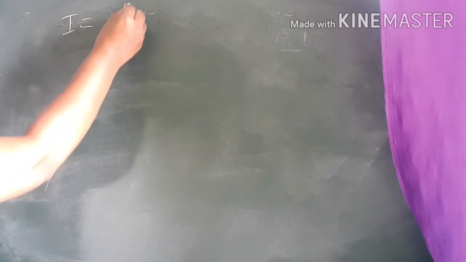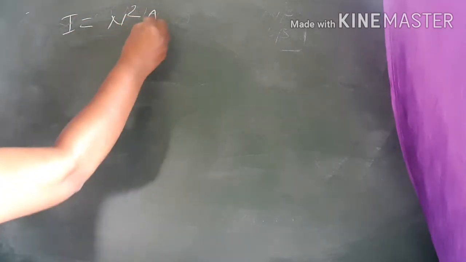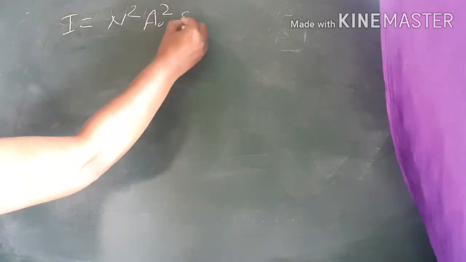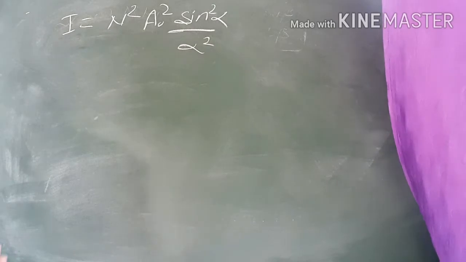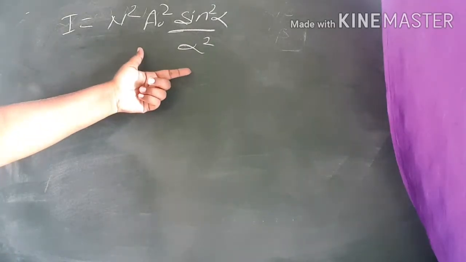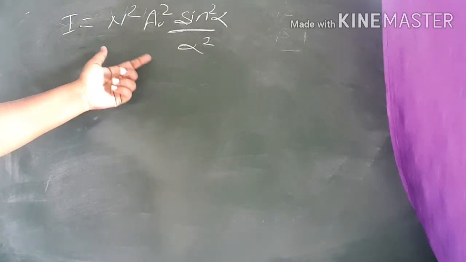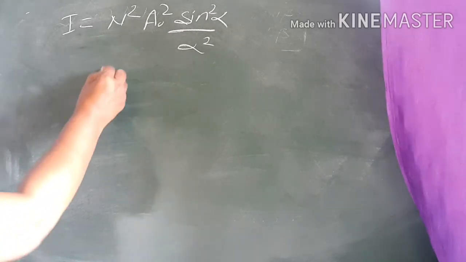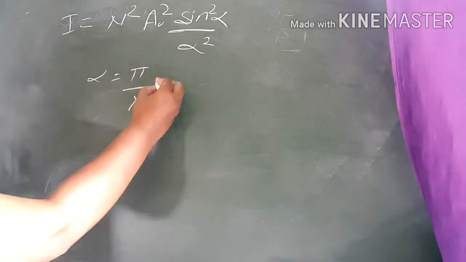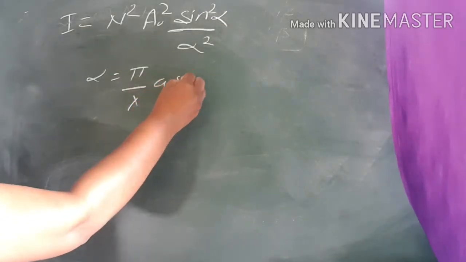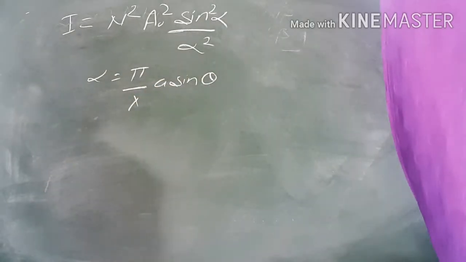Now the resultant intensity for maxima will be I is equal to n square a naught square sine square alpha by alpha square. This would be the resultant intensity, okay, where alpha is equal to pi by lambda a sine theta.